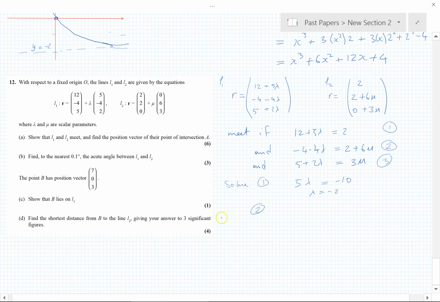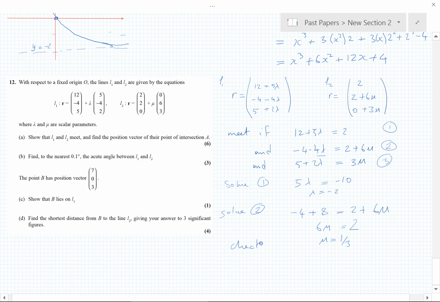Then looking at 2, solve 2, that gives us minus 4 plus 8, when I put minus 2 in there, plus 8 is equal to 2 plus 6 mu. So that gives us 6 mu is equal to minus 4 plus 8, equals 2, so mu equals a third.